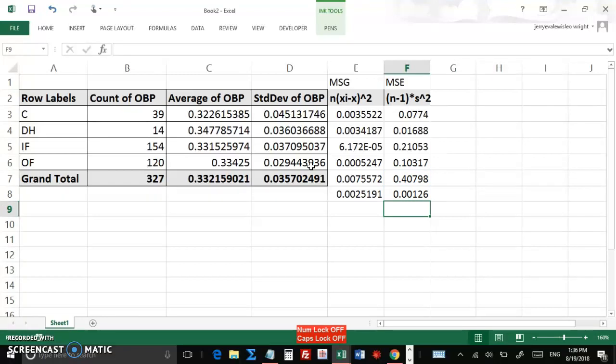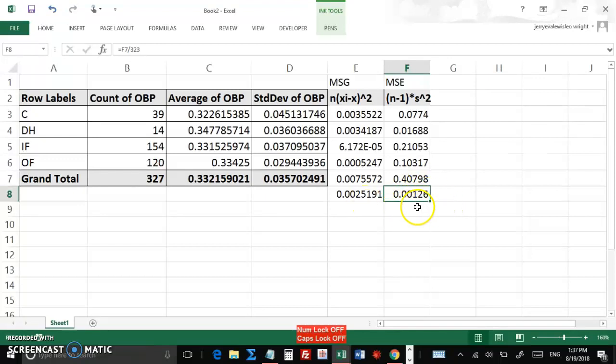So we have the mean square among the groups, pardon me, which is a measurement of how much variation you have among the different samplings, divided by the overall variation within all the groups, which you could say is a compilation of these standard deviations, 0.00126.